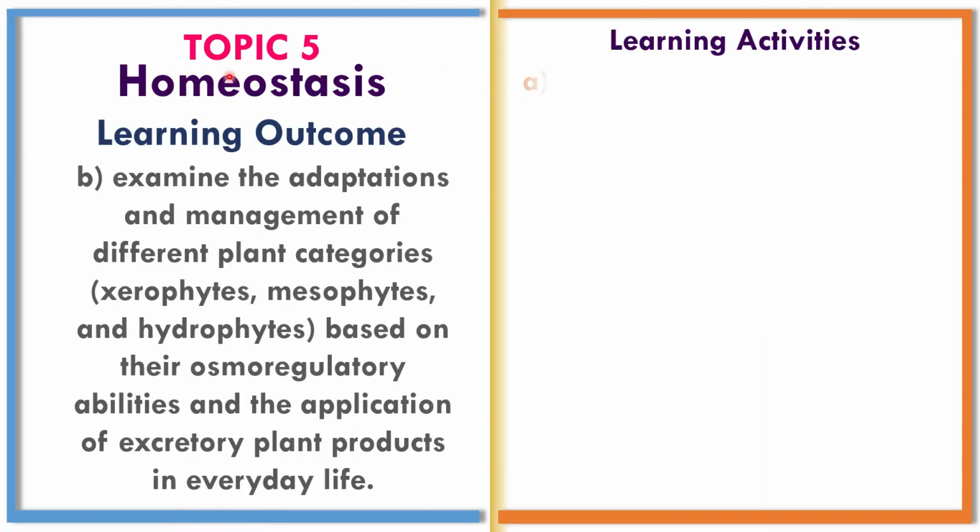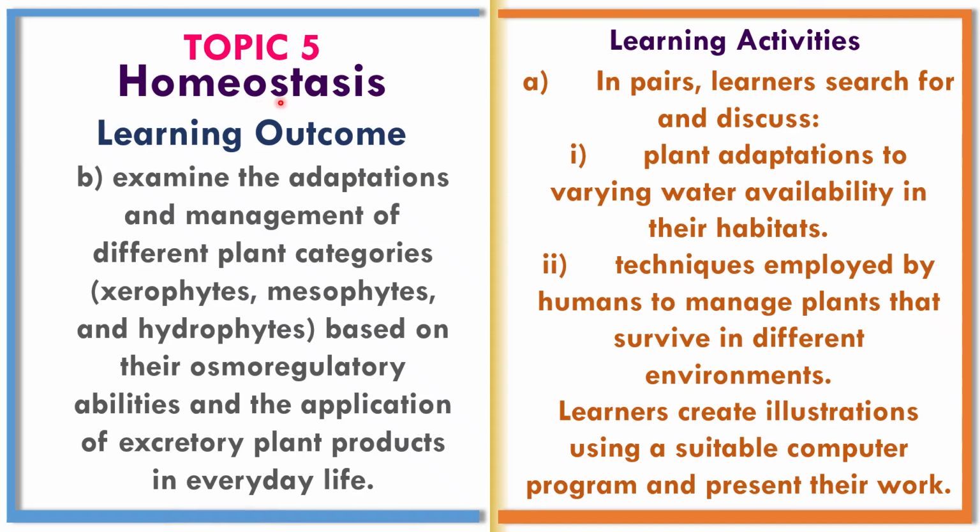Thank you for participating in topic 5, homeostasis. Learning outcome B: Examine the adaptations and management of different plant categories, the xylophytes, mesophytes, and hydrophytes, based on their osmoregulatory abilities and application of excretory plant products in everyday life.